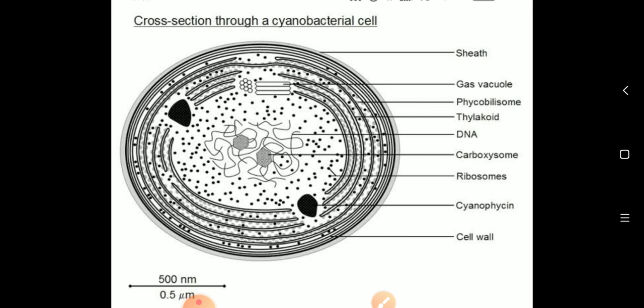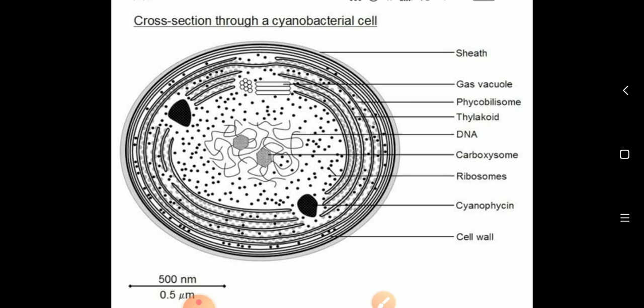The outer cytoplasm is also known as chromoplasm because it contains several color containing structures, that is thylakoids.